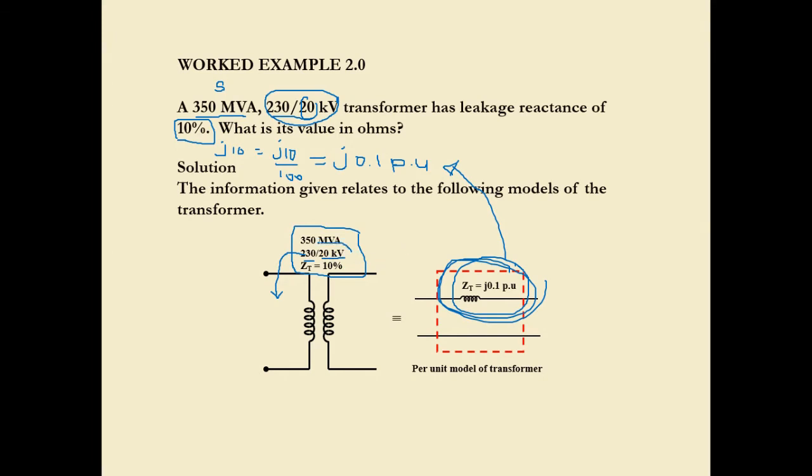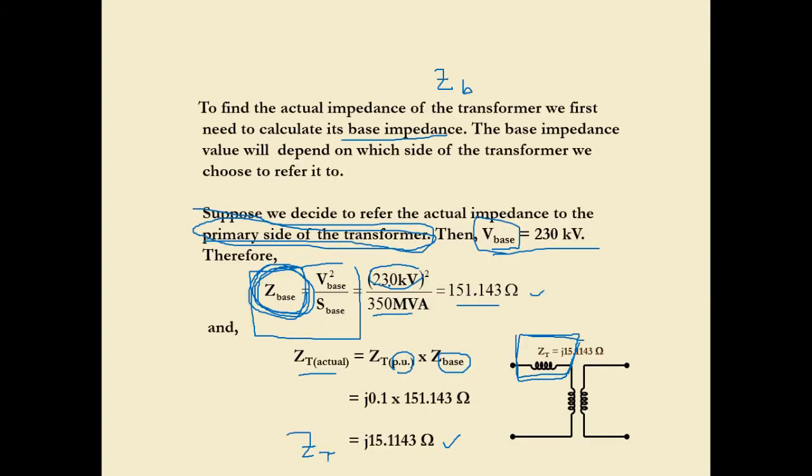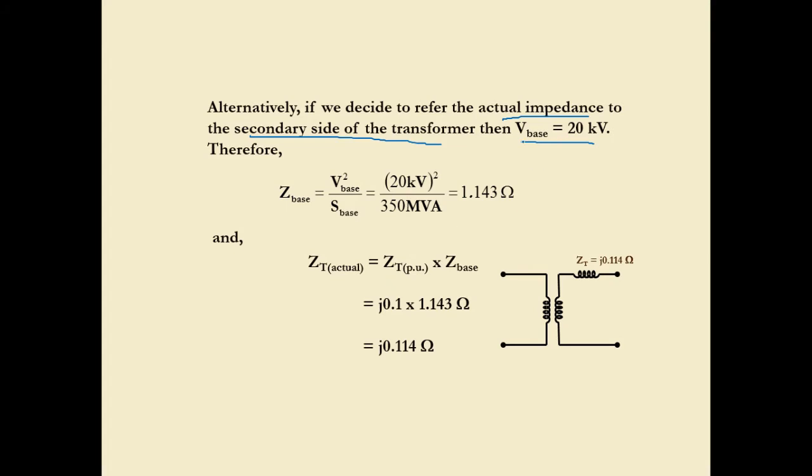From there, we take it as the V base. Substituting into this equation, we get 1.143 ohm for the base.